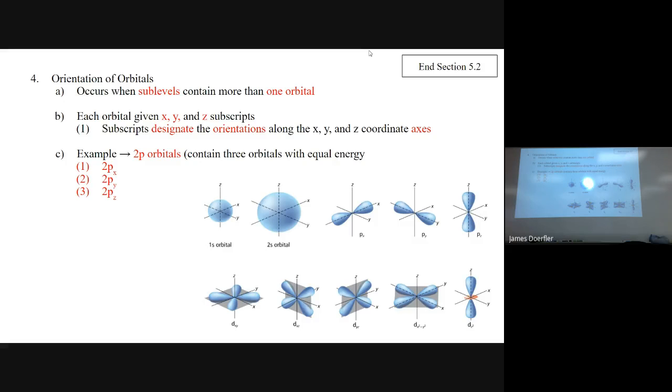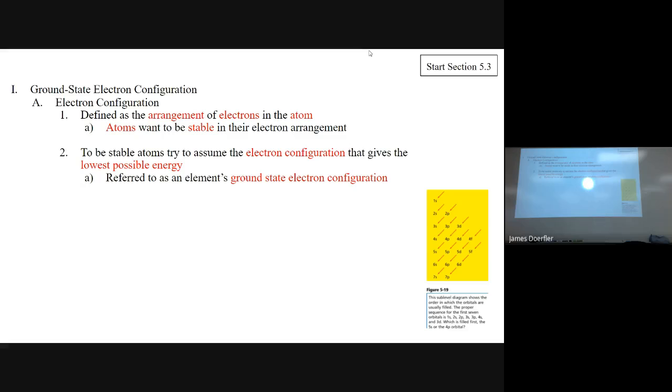All right, so let's get into our brief discussion today and talk about ground state electron configuration. So electron configuration is the arrangement of electrons in the atom, simply put, according to the quantum mechanical method.